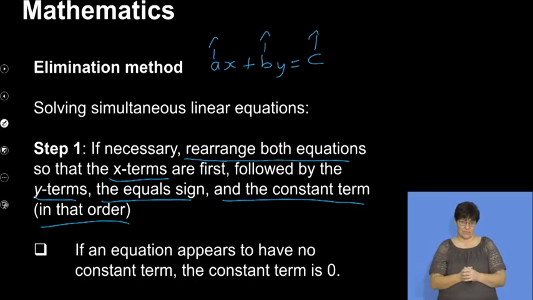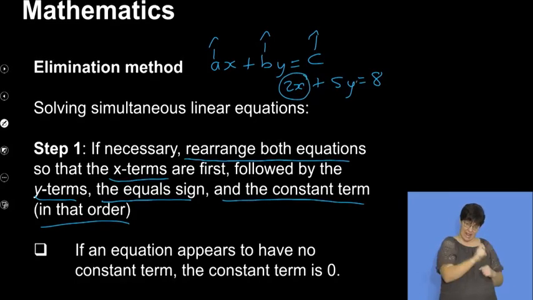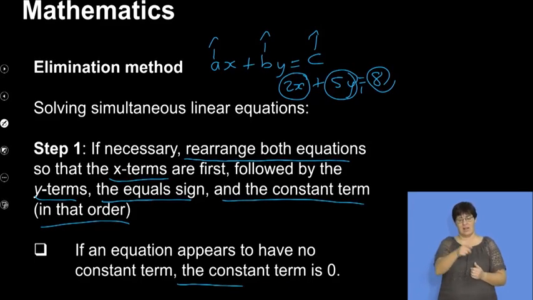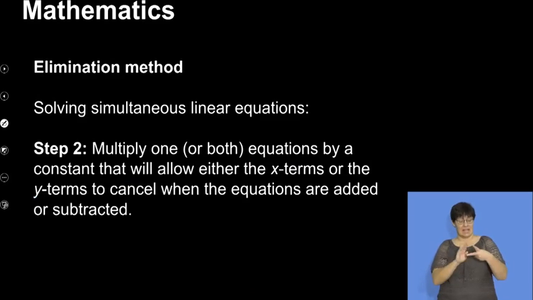As you saw with the previous examples, maybe 2x plus 5y equals 8, like this. So you always start with the x, follow with the y, the equal sign, and then my constant on the other side of the equal sign. If an equation appears to have no constant term, then you know it means that my constant term is 0.